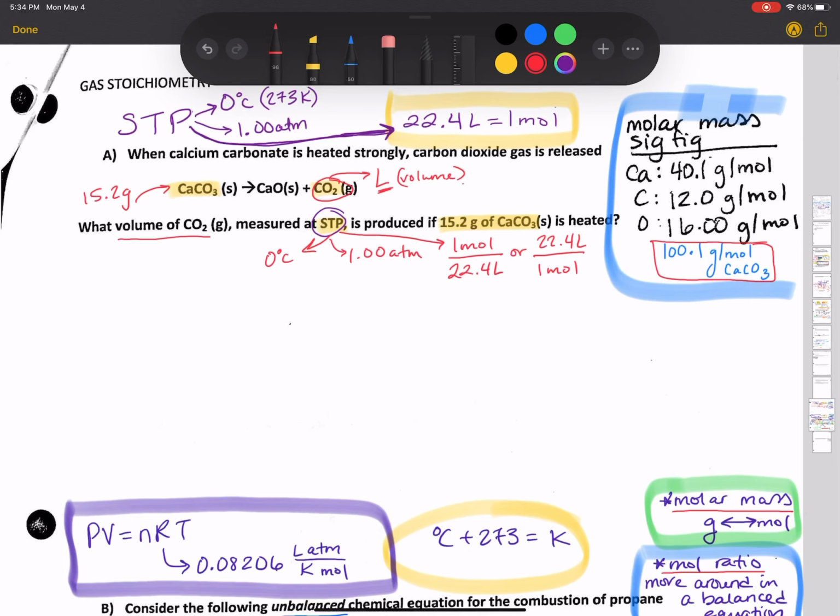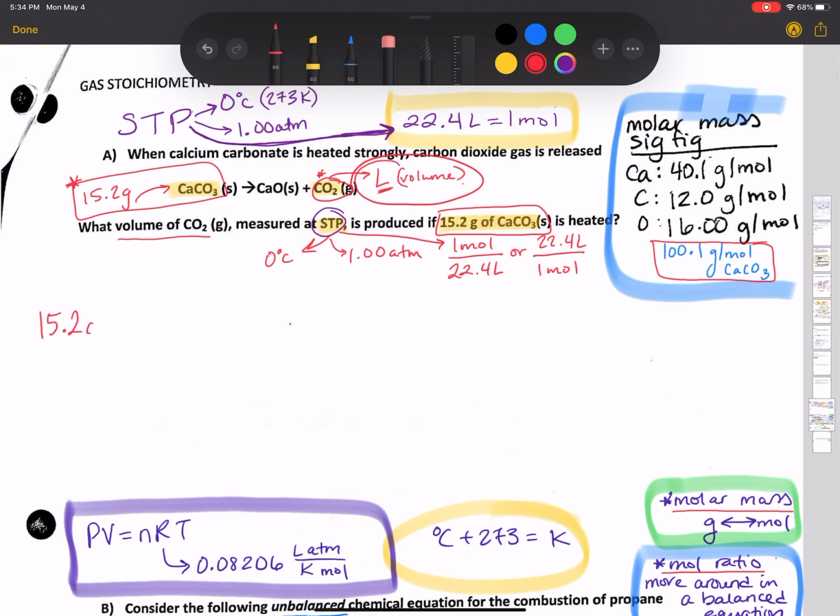My only piece of data is the fact that I have 15.2 grams of calcium carbonate. It's written for me right here in the problem, and I labeled it in my balanced equation. That is my only data. I'm starting with 15.2 grams of calcium carbonate, and I'm trying to figure out the volume of CO2. So all I can do is start with my data. Let me show you how you can complete this in one string equation.